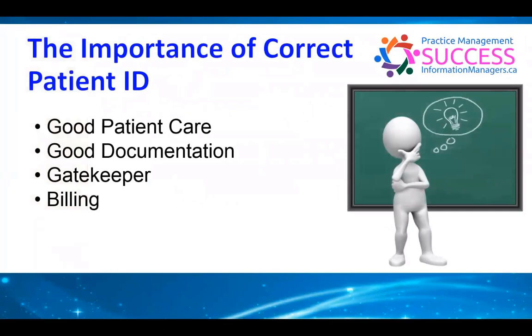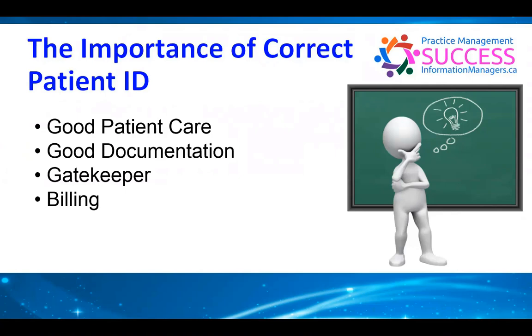The importance of correct patient ID is obviously to be able to provide good patient care to our patients. Incorrectly identifying patients contributes to medication errors, transfusion errors, procedure and testing errors. Good documentation: we want to avoid incomplete, inaccurate, and duplicate patient records.